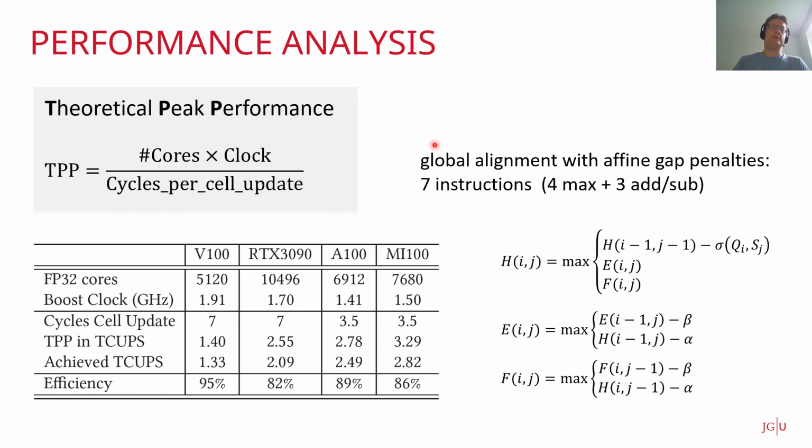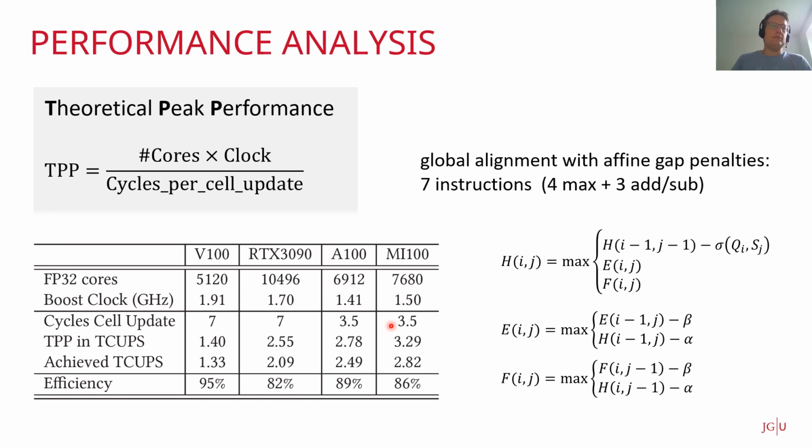For a global alignment with affine gap penalties, we need 7 instructions in our implementation, 4 maximums and 3 additions or subtractions, which can be seen in this row, cycles per cell update. Note that for the A100 and the MI100, where we use half precision arithmetic, we halve the number of cycles per cell update because we compute 2 alignments in parallel in the upper and lower half, as shown before.